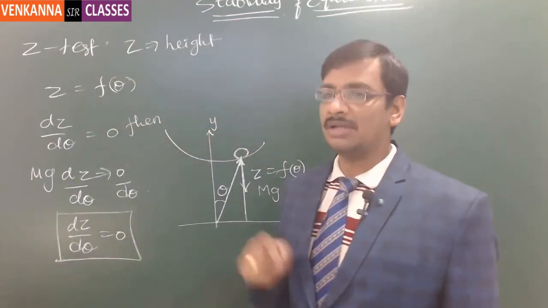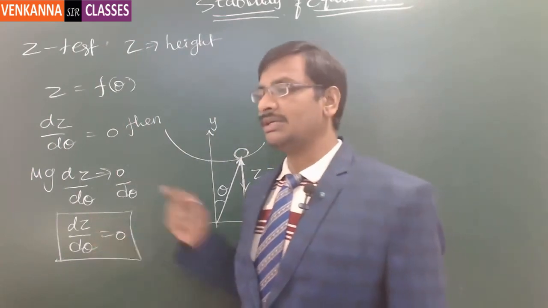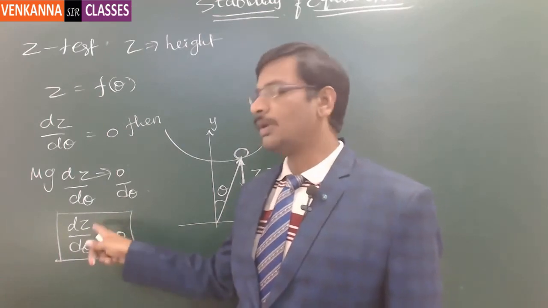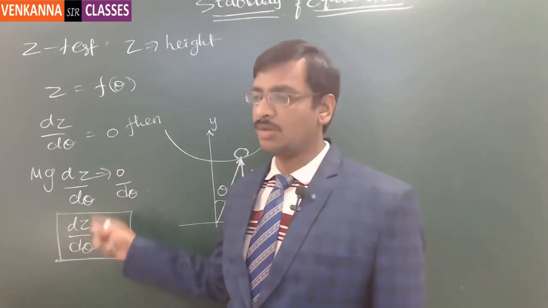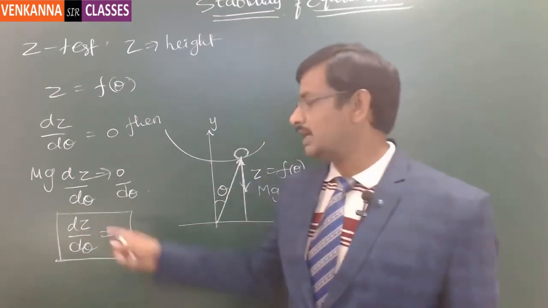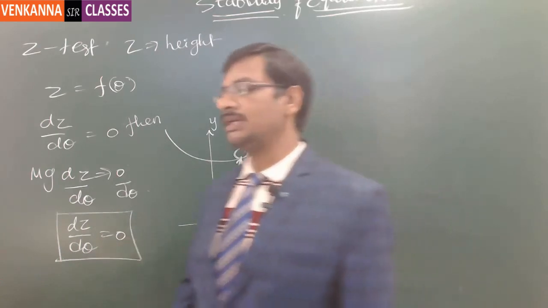So if the body is under equilibrium condition, then definitely at the equilibrium state, dz by d theta is going to be 0. If this is equal to 0, then the only possibility for Z is that it can be either maximum or minimum with respect to theta. Now to identify whether Z is maximum or minimum, we will take d square Z by d theta square.